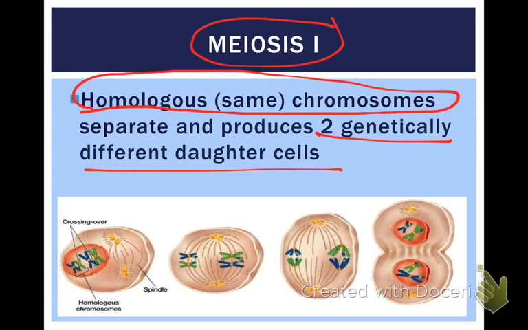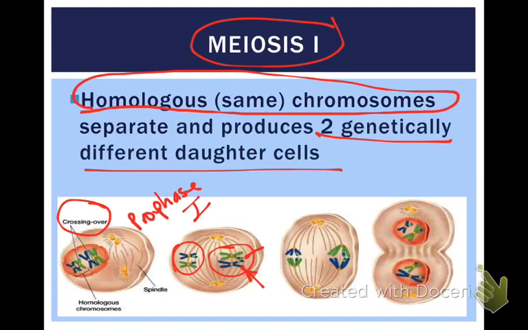And the reason they're different is because of this process that happens during prophase 1. This is where crossing over happens, and this is the crossing over right here. You can see it very well in these chromosomes. You see that the blue one actually has a small part of the green one.